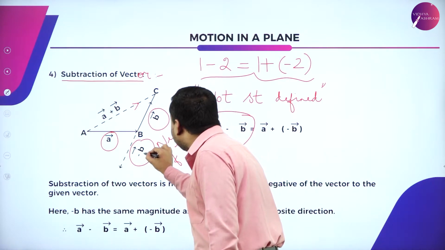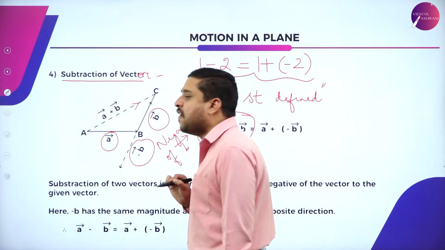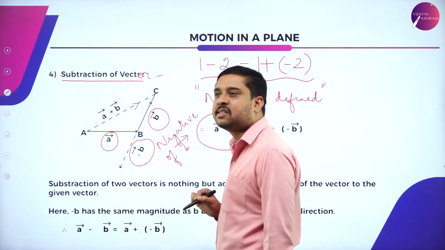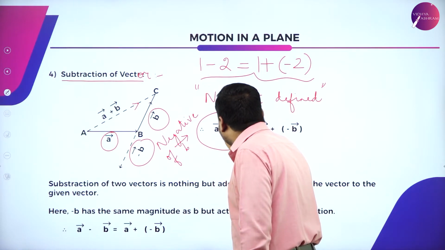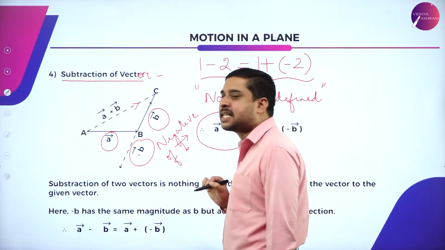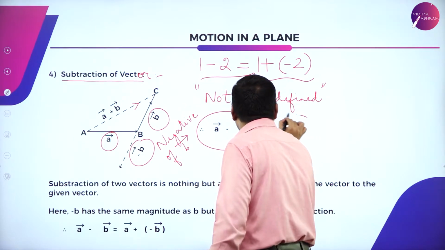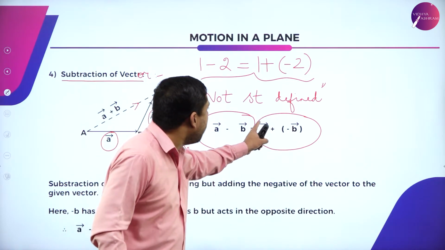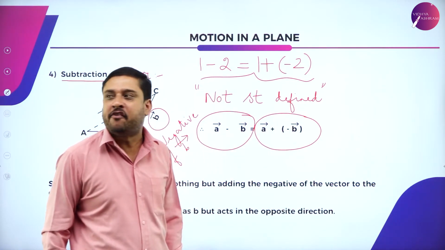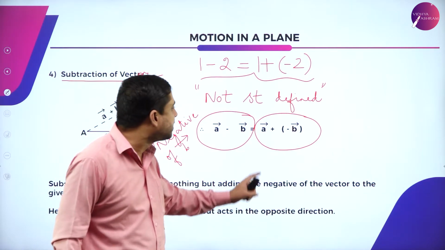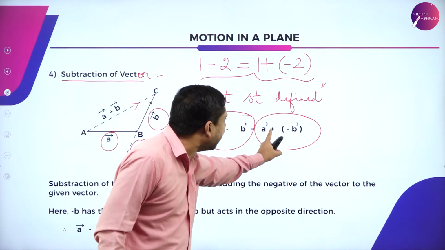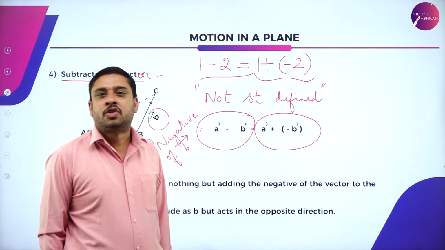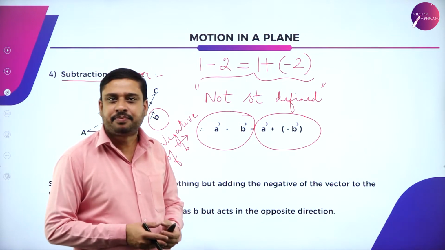So this is called the negative of vector B. So what I am doing here is, vector A minus vector B can be defined as vector A plus minus vector B, which means I am adding the negative of the vector to the given vector.